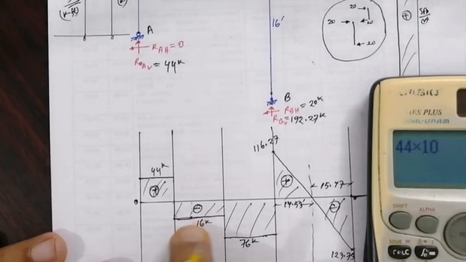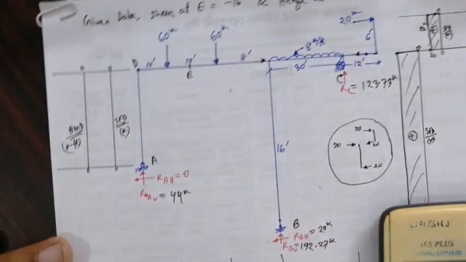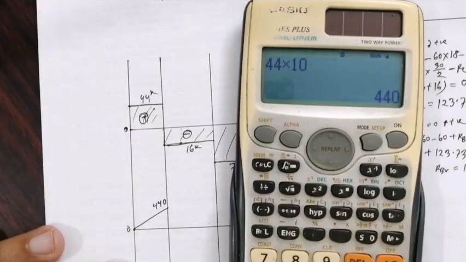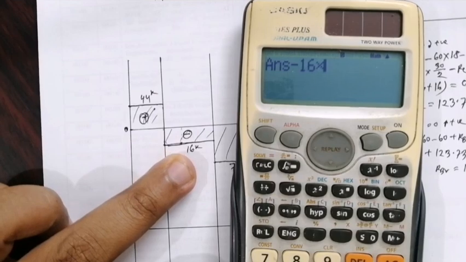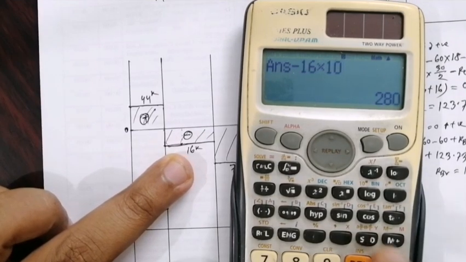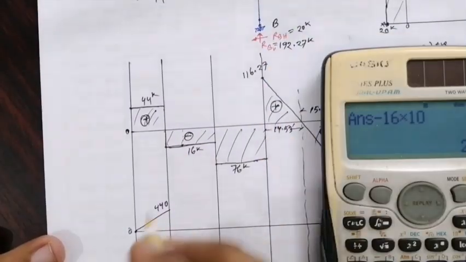Now for this area, there is 16 kip and the distance is 10 feet, which is negative, so minus 16 kip and distance 10, minus 160.